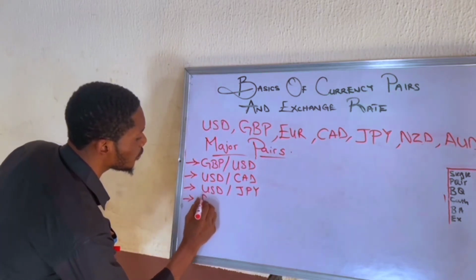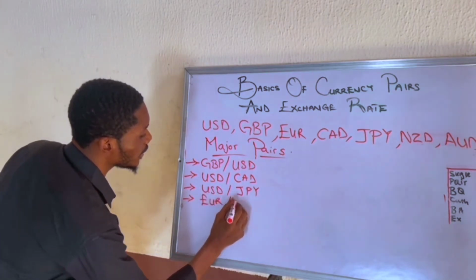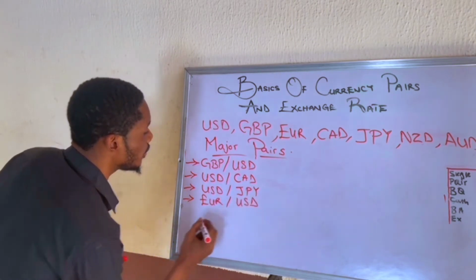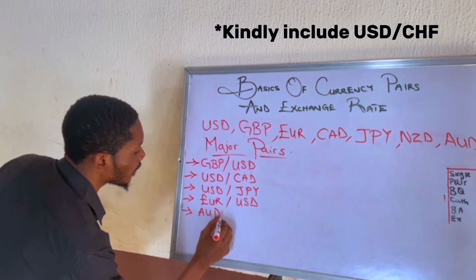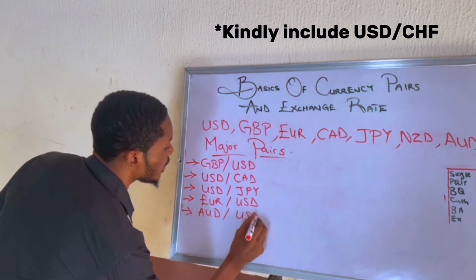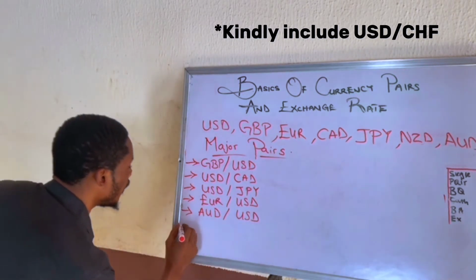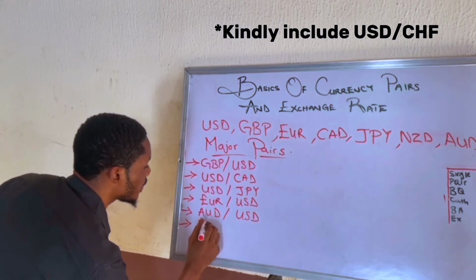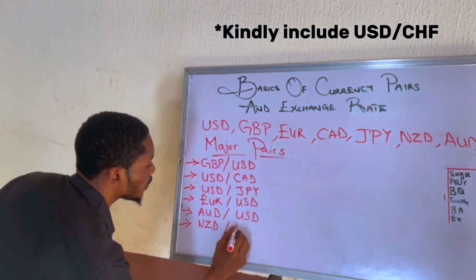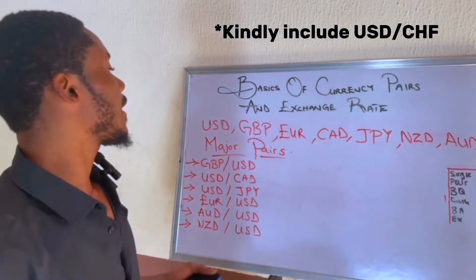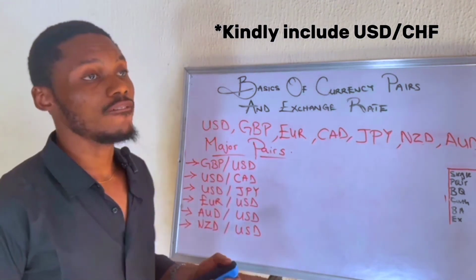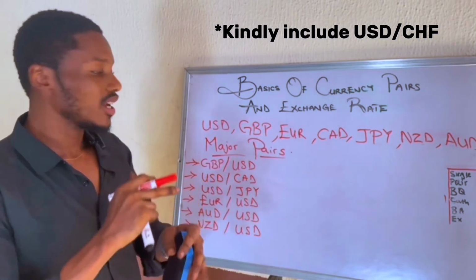We have Euro slash USD. We have AUD slash USD. We have NZD slash USD. So typically, major pairs involve the most traded currencies globally.